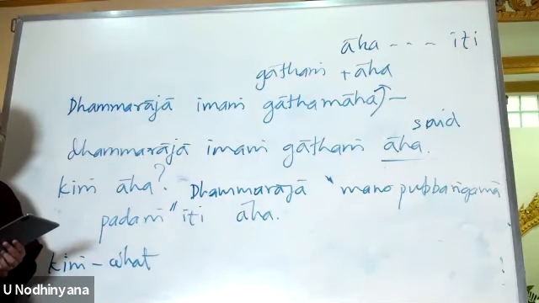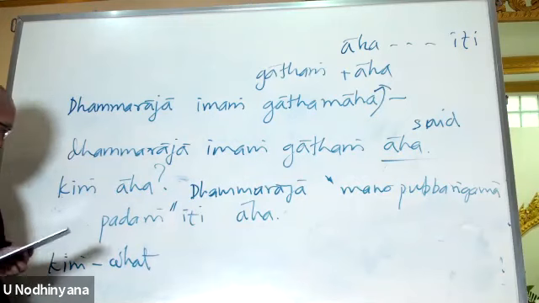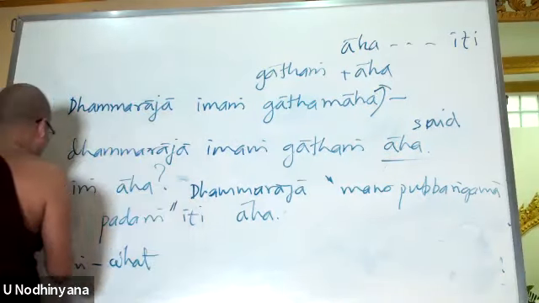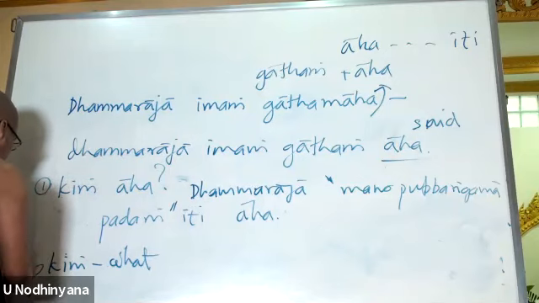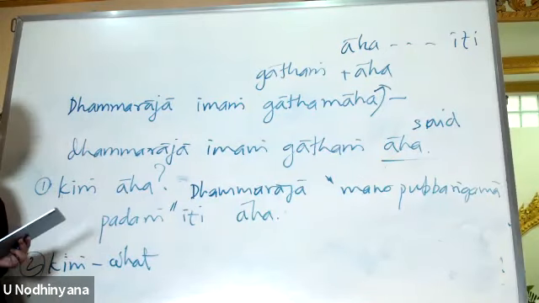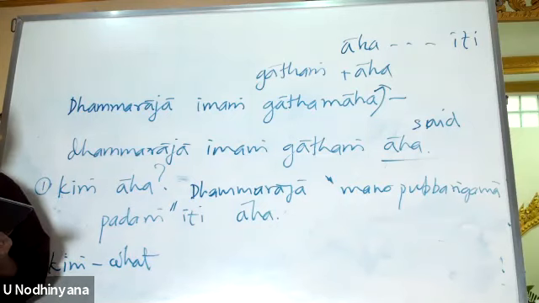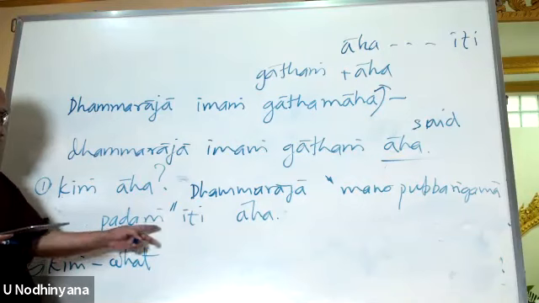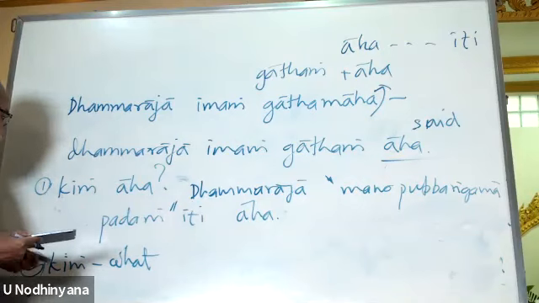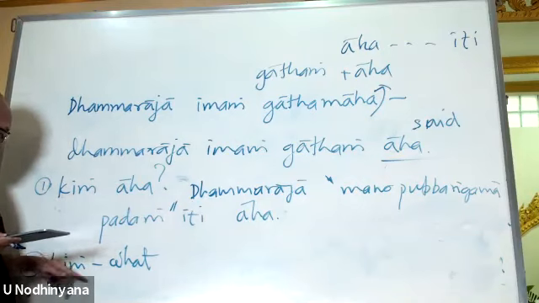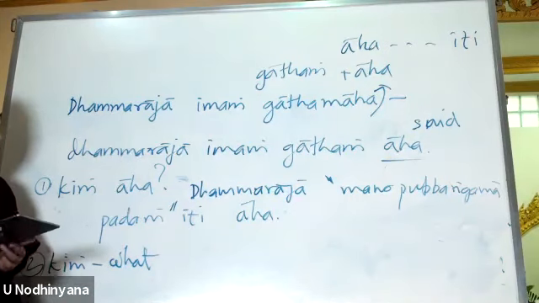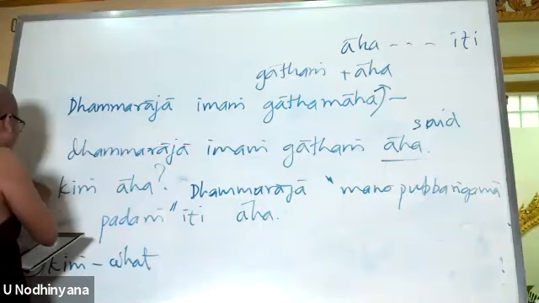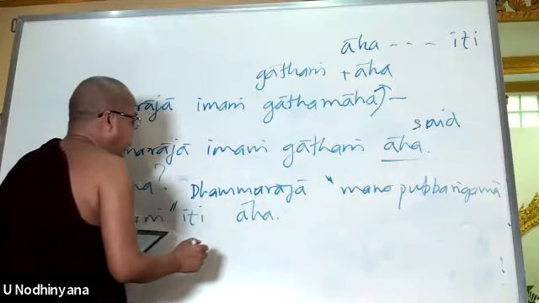What did he say? So there are two kinds, the first one and the second one. When kam is used in the meaning of how, the answer will be as before. When kam is used in the sense of what, it is different. So now we were using the second method.